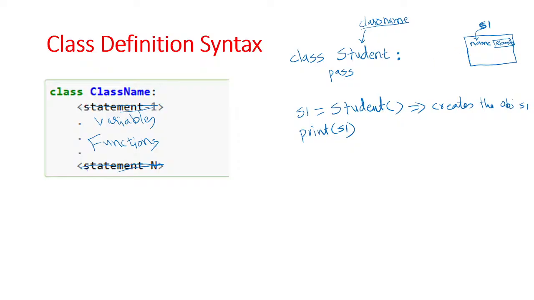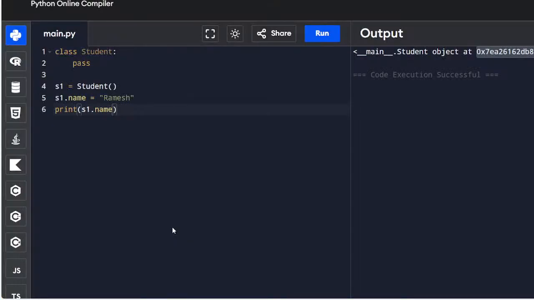Got it? Let us execute this and see what it displays. When we run this, you can see s1.name, Ramesh, is printed here.